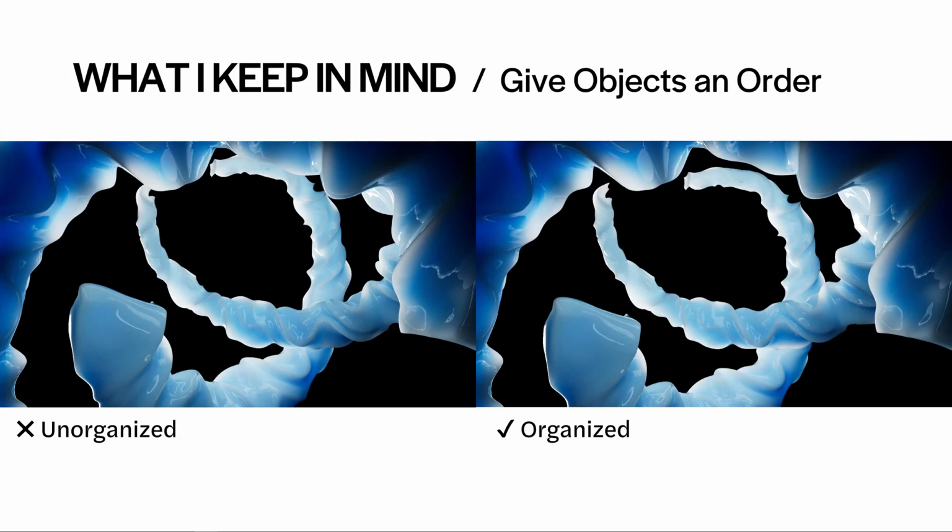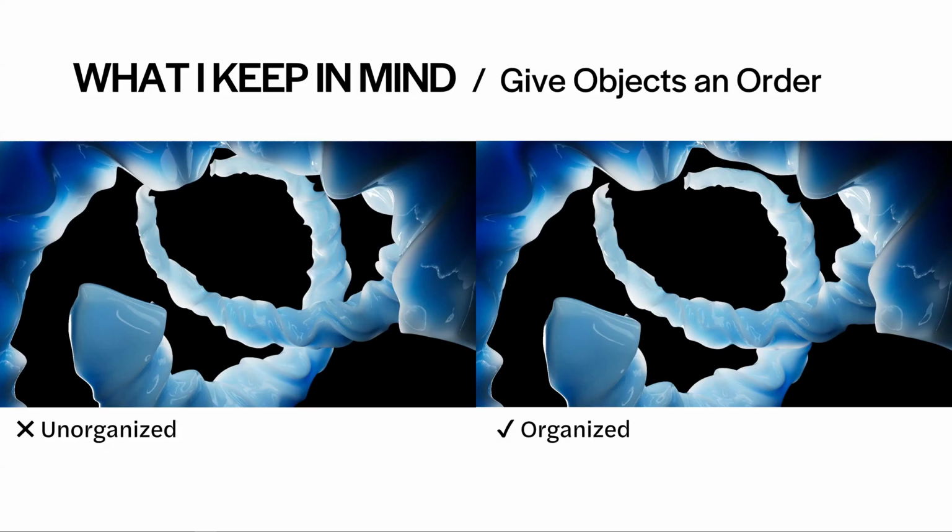If we have them overlap, there's always an exception. But I personally tend to organize it so there are no overlaps between different objects, because it's more graphical and it looks more organized. That is something I really keep in mind. We will also look at this concept when we work on our camera angle later.